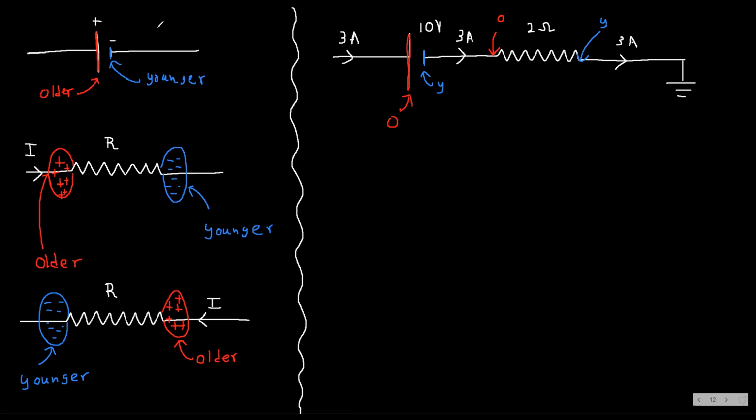Now, I forgot to tell you, if I'm considering the age difference between older and younger, we can say it's IR. Am I correct? If I'm considering the age difference between the younger one and the older one, we can find it by using V equals IR, or Ohm's law.